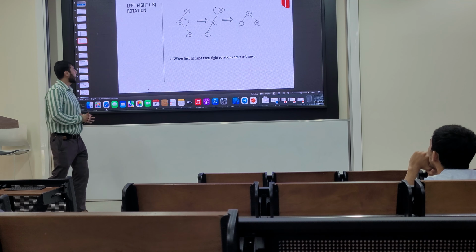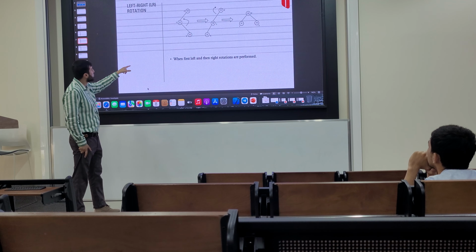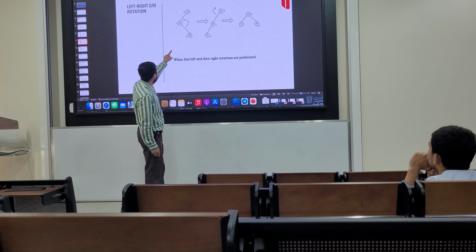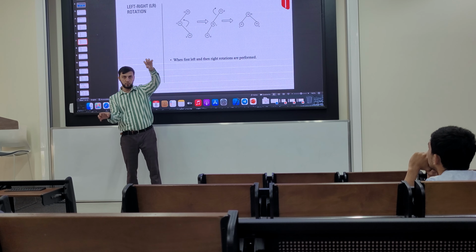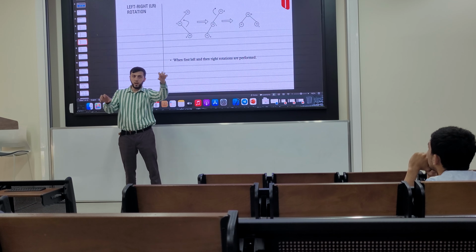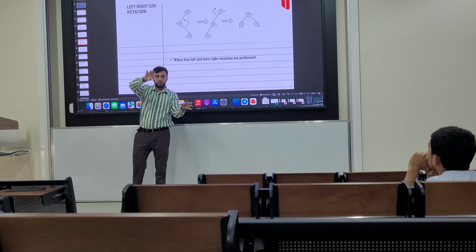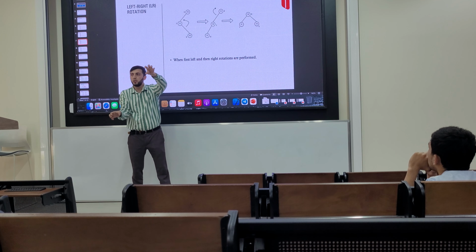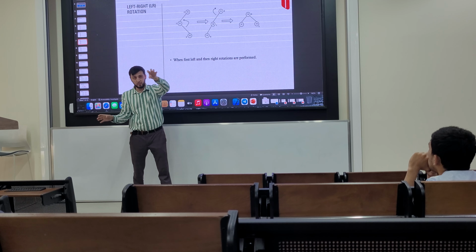For example, now if you're asked to do left-right rotation, it means you should first do left rotation. For example, you do left rotation how? You have 12, you have 11 here. You do left rotation, it means right should be 12, and left should be 11. But previously 11 was smaller, so that's why on the right side we have a greater value.